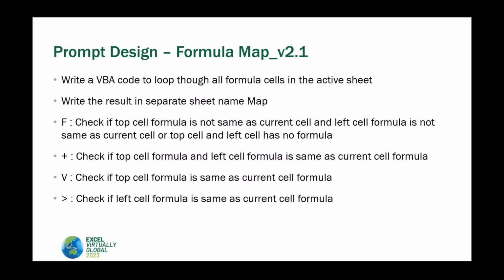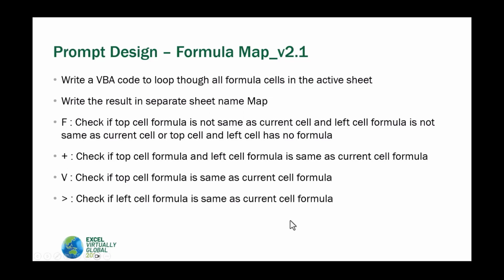My next strategy, I'm going to create a separate chat and copy this, and we will create the prompt. We design the prompt from the beginning. So I will ask it to write VBA code that looks through all the formula cells in the active sheet and writes the result in a separate sheet named map.